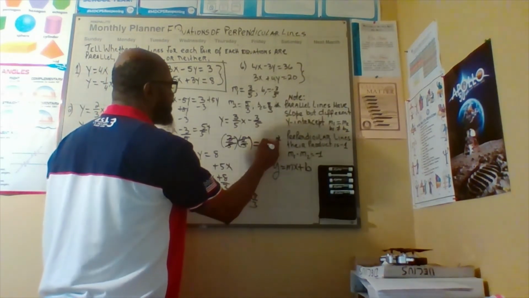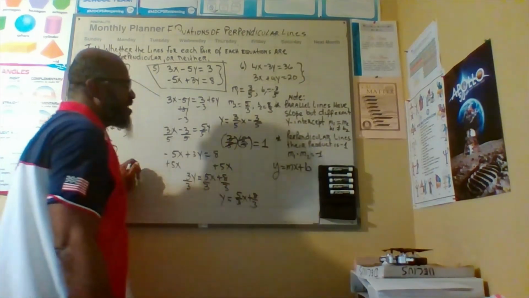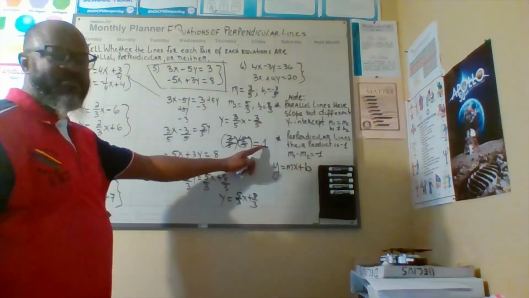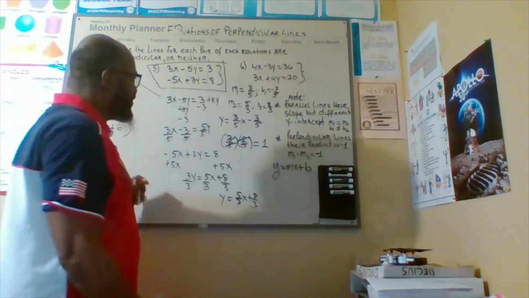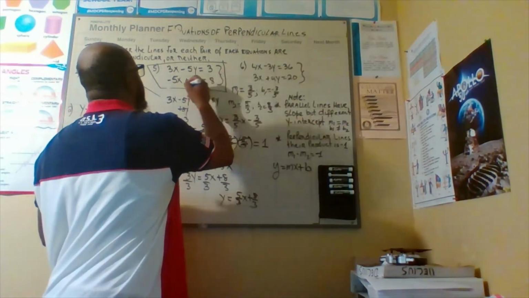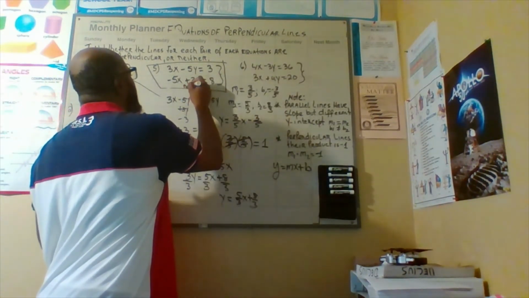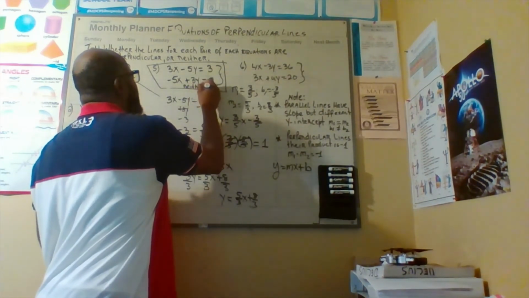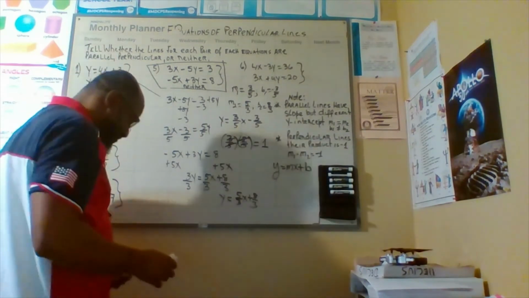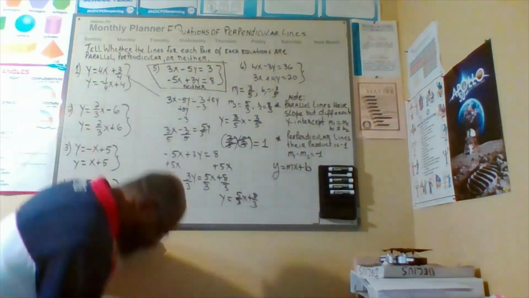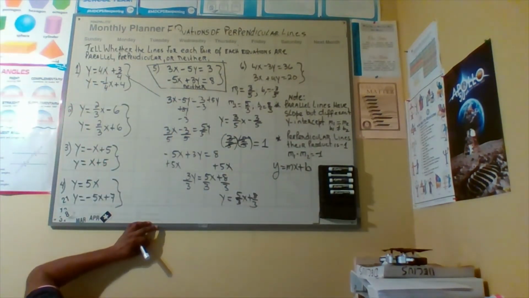It's giving me 1 but not a negative 1. If it was a negative 1, it would have been perpendicular. In this case, it's just a 1, so it's neither. That would be neither parallel nor perpendicular. So that's what we'll have to do. That's done. Simple. That's why we put the equation in slope intercept form.